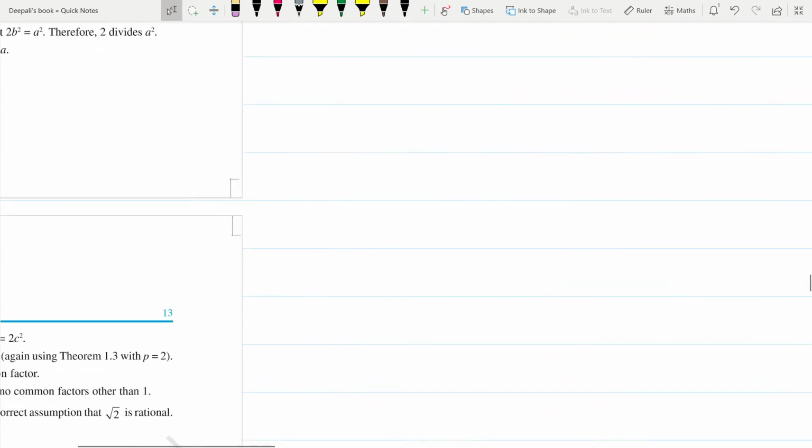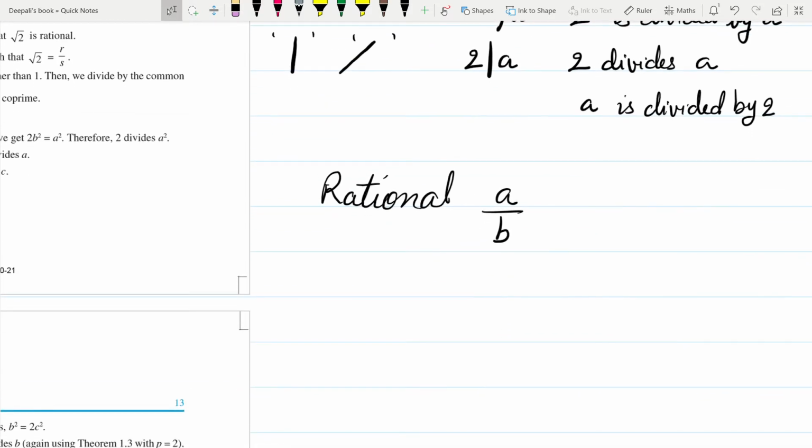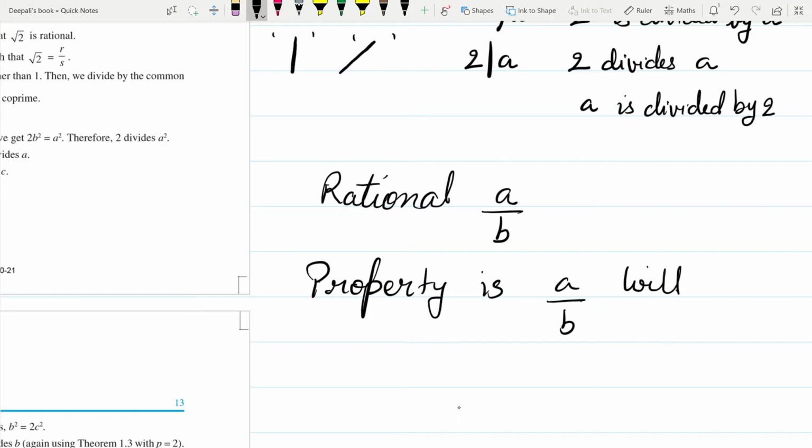Now let us understand this in a simpler way. Before that, one more note to be taken into consideration. If I have any rational number of the form a upon b, then by the property of a rational number, a upon b will have HCF equal to 1.